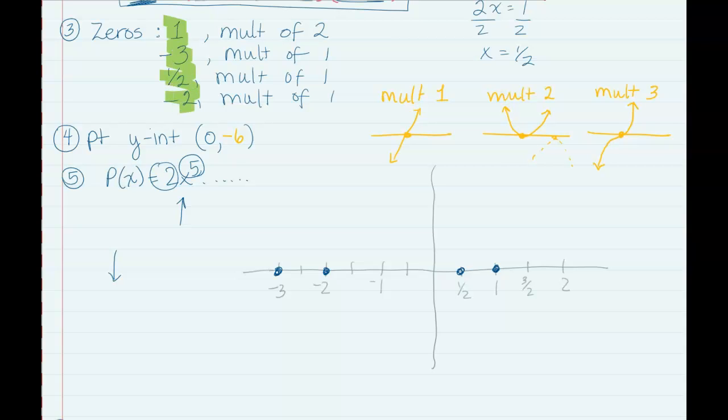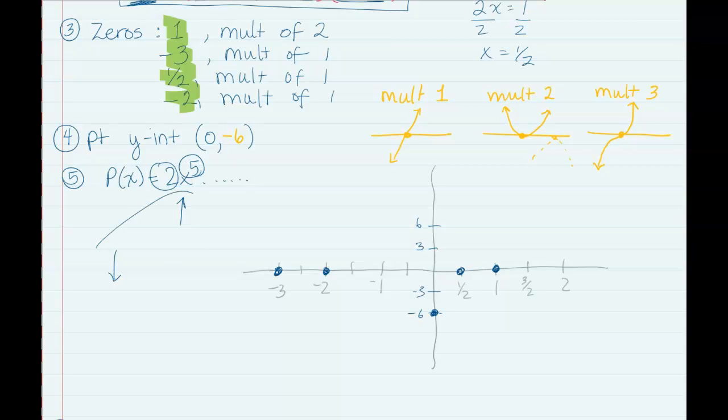Our y-intercept is 0, -6, so it's going to be somewhere down here. I'm just going to say this is -3 and this is -6. So notice that my scales are different, and that's okay. I just want to make sure I get the gist of my graph. All right, so we've graphed everything. I needed a 0, -6. And now we're ready to do our end behaviors.